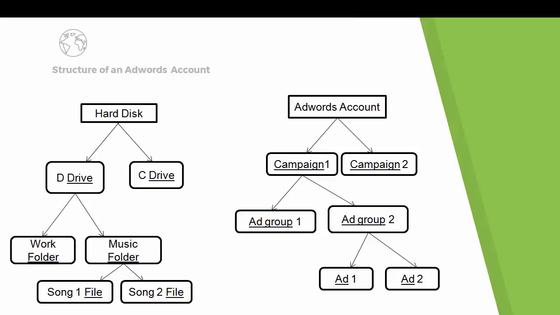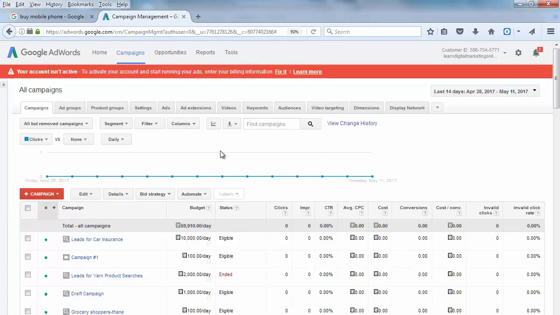So all ads related to LED TV would be under one common ad group. Similarly, all ads related to LCD TV may be under another common ad group. That is how structuring of an AdWords account is done, so you can manage it very efficiently. And to show you an example of the same, here you can see there is one campaign related to leads for car insurance.